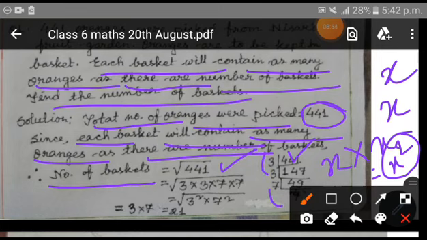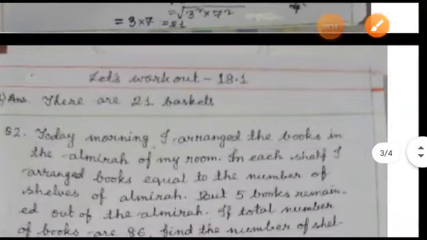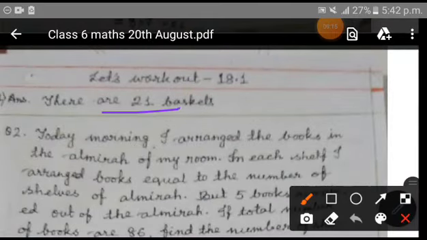If you pair it, from a pair of 3, a single 3 comes out. From a pair of 7, a single 7 comes out, and 3 7s are 21. So this is the square root value of 441. So the answer is, there are 21 baskets.